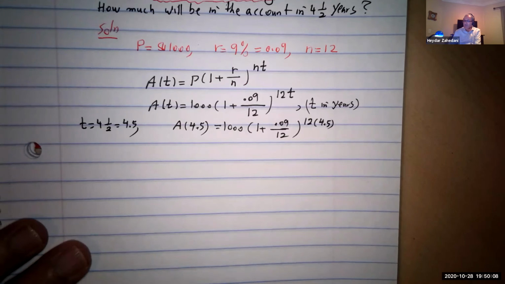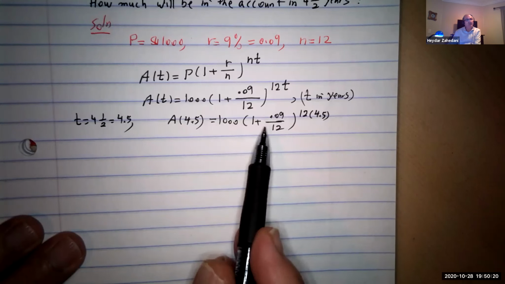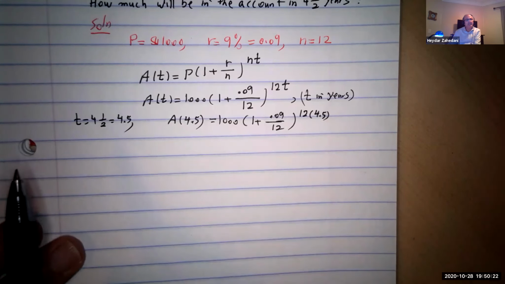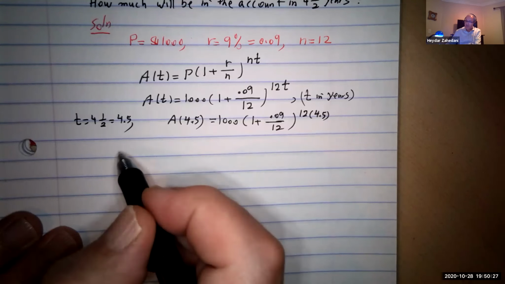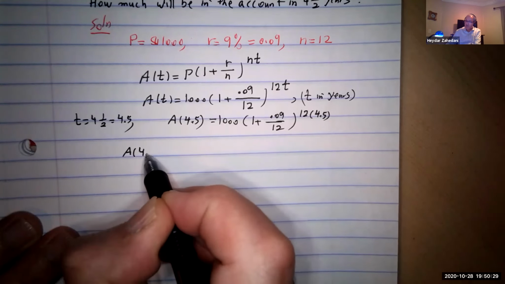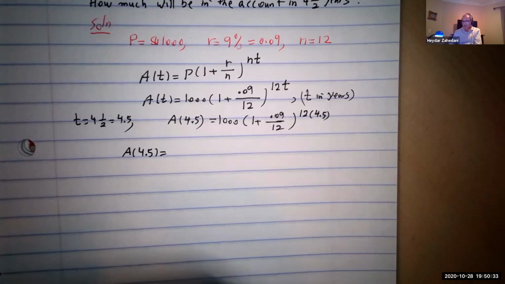Again, you have to use your calculator and simplify as much as you can to get these numbers. There are different ways to simplify it. You may start with this one, add it to the 1, simplify everything nicely, and then find the final answer, A of 4.5. It depends how you operate your calculator. Just do it step by step so that you can see it.